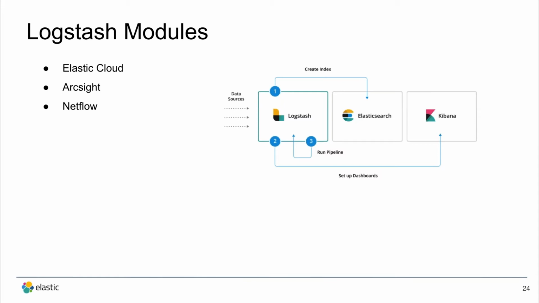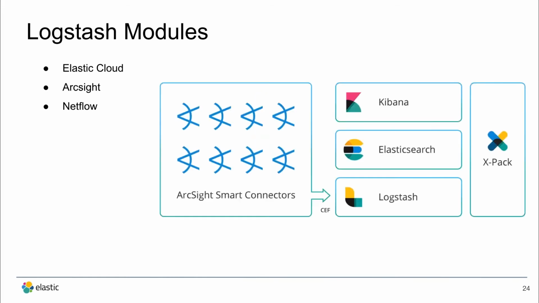The other interesting module is ArcSight. ArcSight is a popular SIEM tool, a security information and event management tool, where security data is published. We have integrations with ArcSight, where ArcSight smart connectors, which are like agents, publish the data in a common event format to Logstash, which would further be used to set up dashboards.